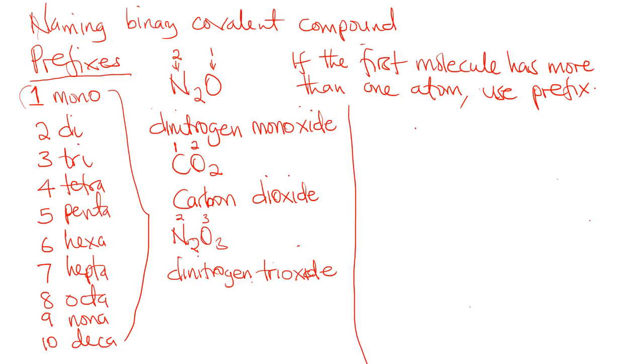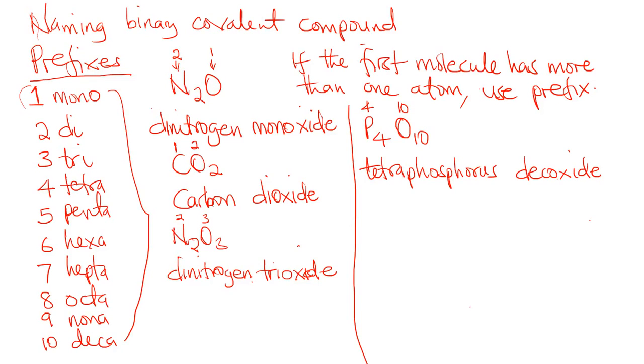Let's look at another molecule, P4O10. So we have 4 of these, so it should be tetraphosphorus, and we have 10 of these, decoxide.